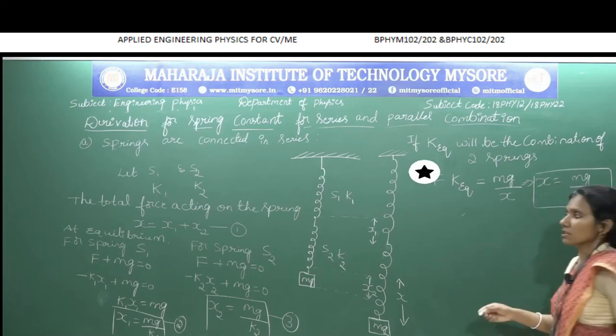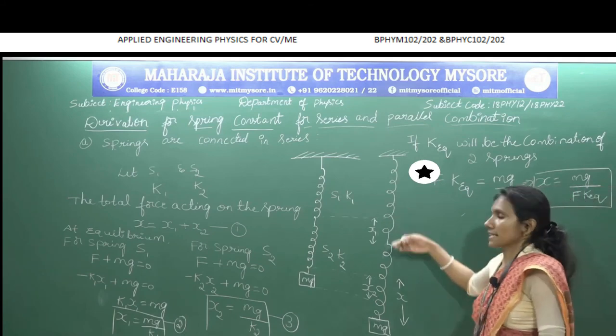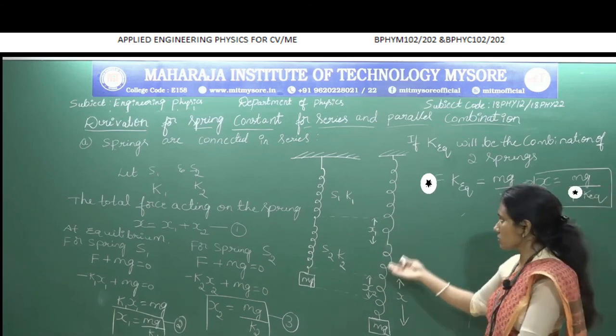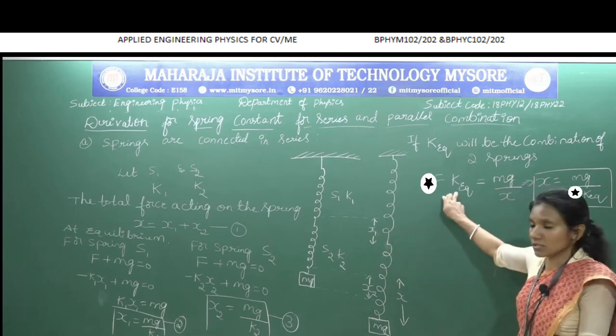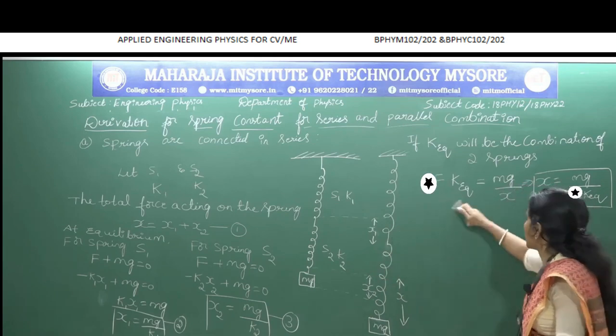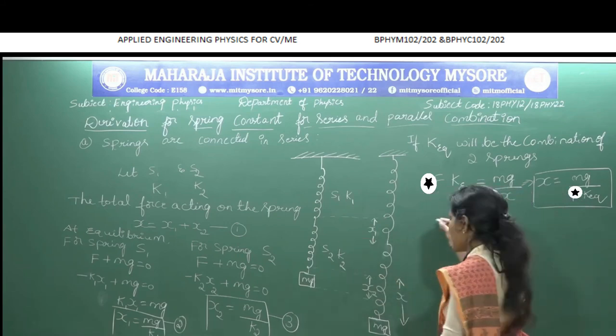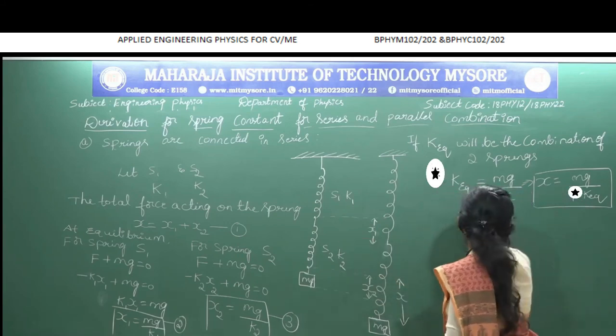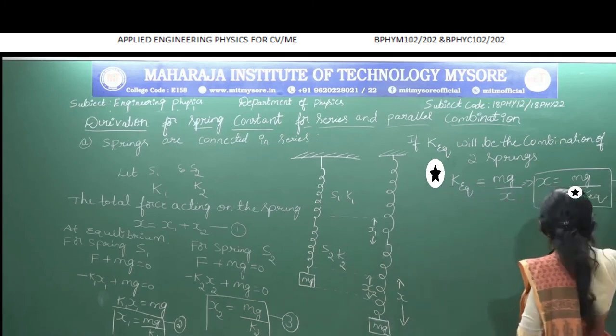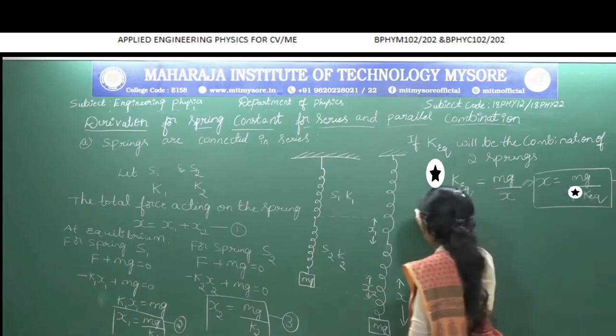So that is when the number of springs are connected in series combination, we used to represent it by K equivalent. So now substitute all these values in equation 1. Name this as equation 4.